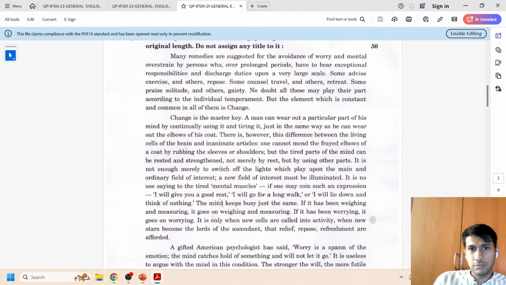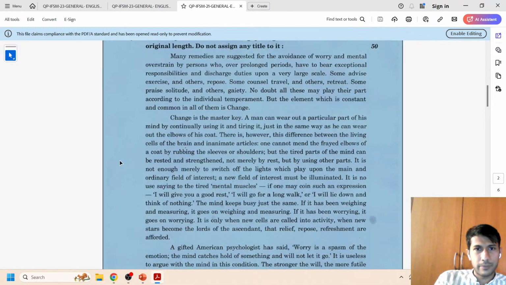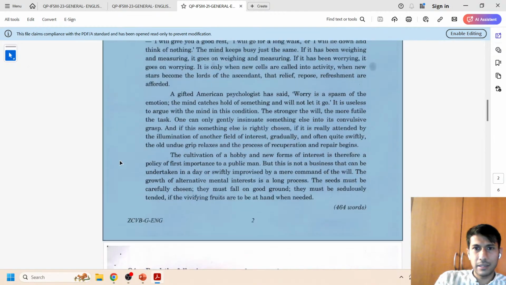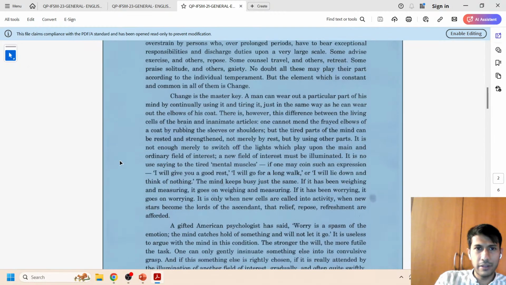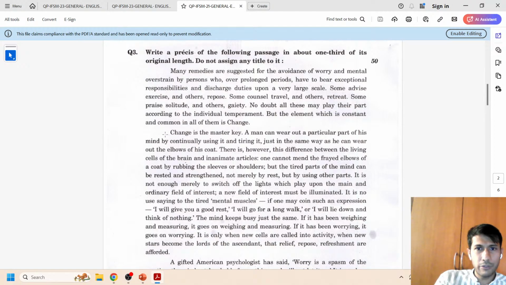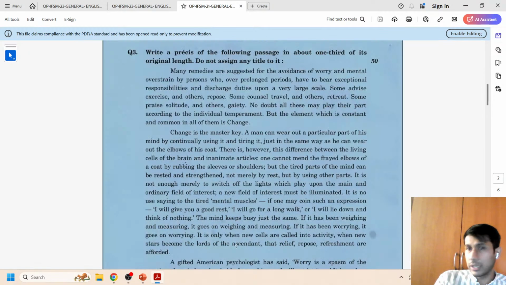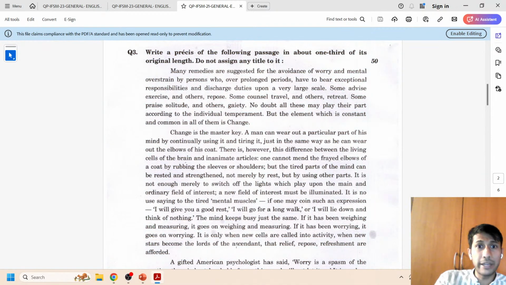So let's do one short exercise now for Precis. We will take this paragraph. First, you read the entire Precis, but I want the summary of this paragraph. This is the 2021 paper.